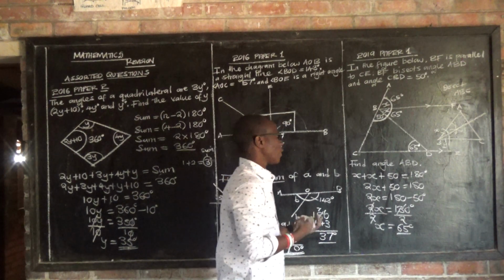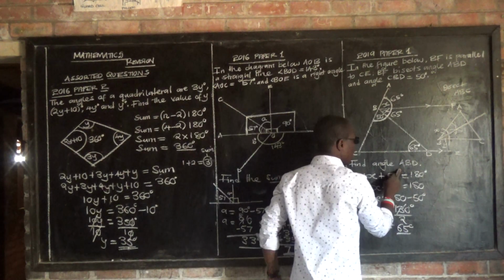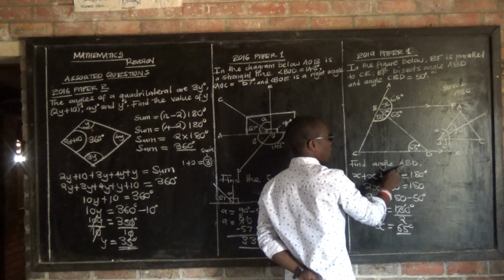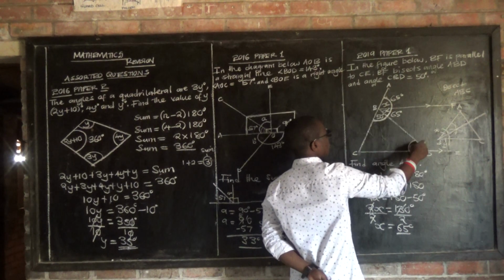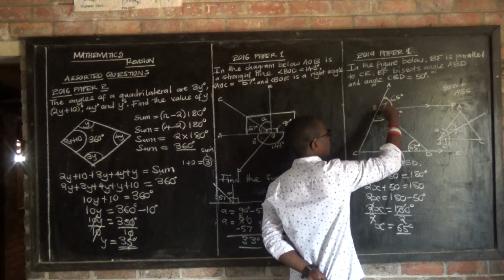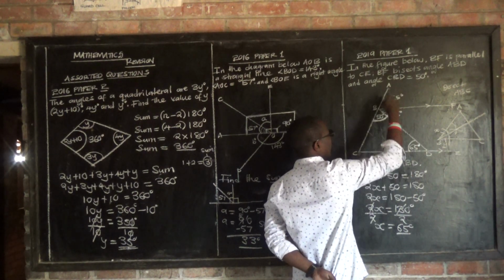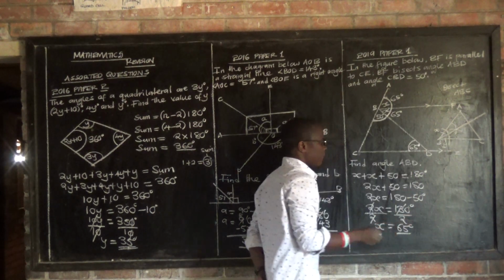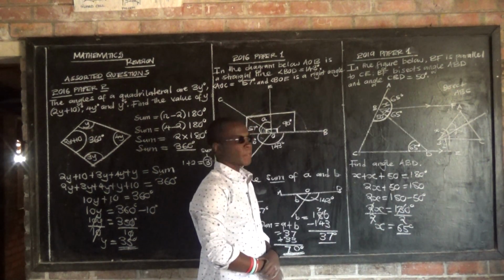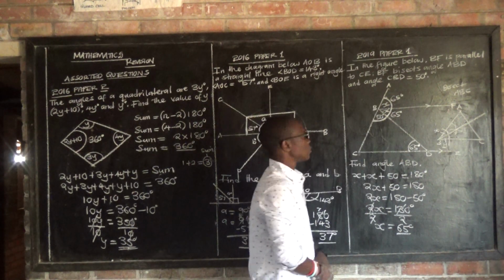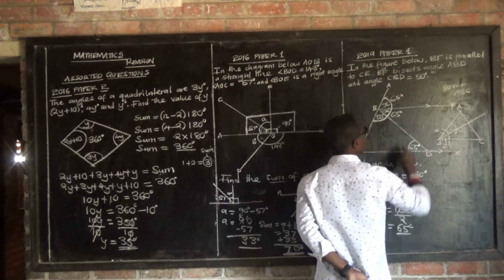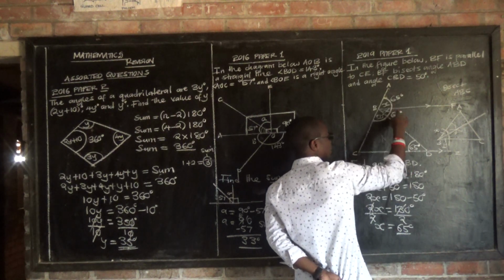So if we're being asked, let's say, to find angle ABD. ABD, what is the answer? Just say 65 plus 65.